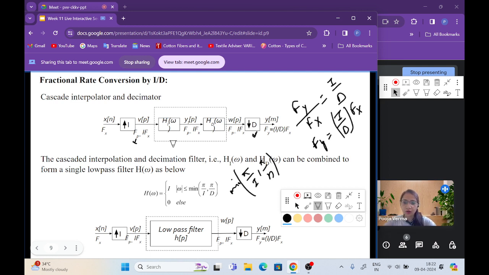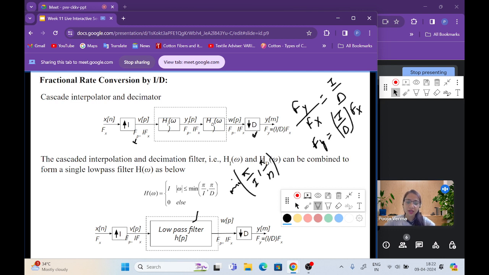So overall, this system is converted to a single low pass filter, H of z, where x of n is given as the input signal with frequency f of x. Then it is interpolated by a factor I, then given to the low pass filter.